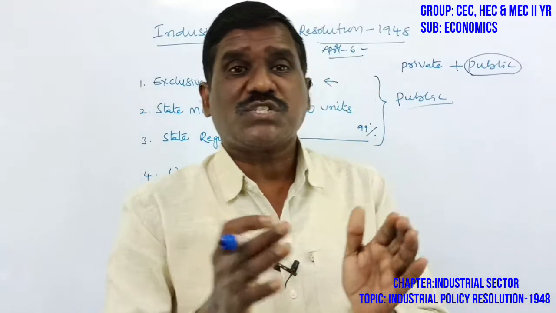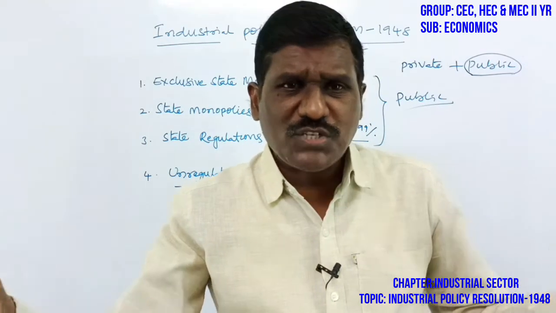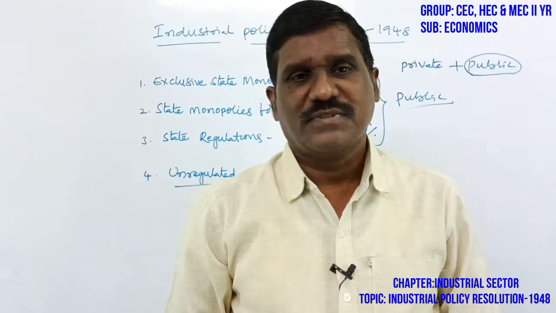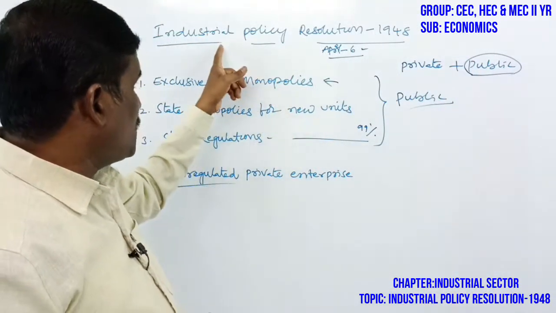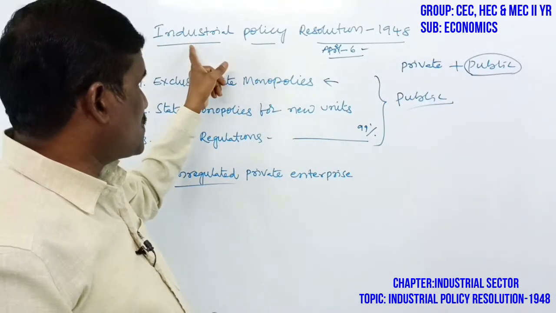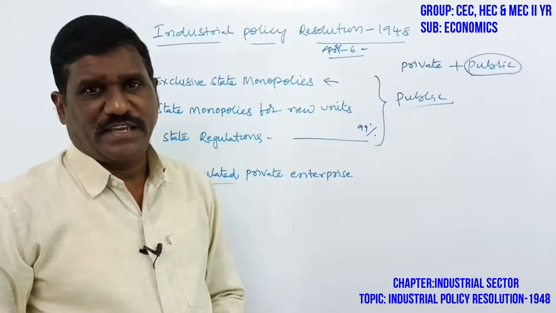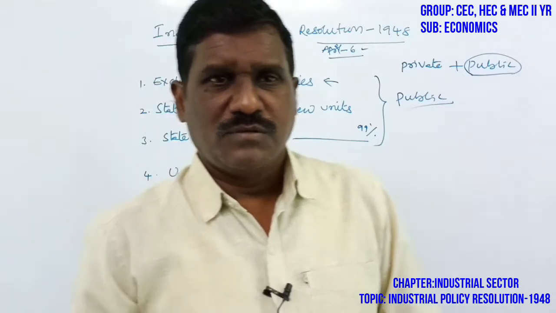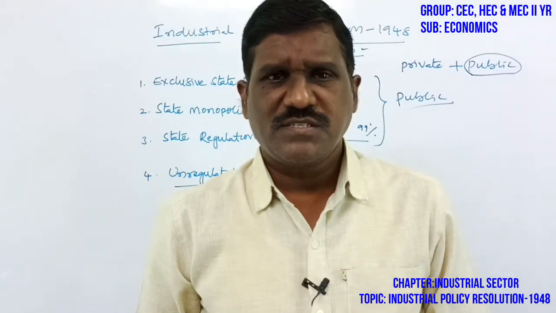The main aim is the establishment of a number of industries to increase the industrial growth rate. So this is the first one introduced by the government of India, the Industrial Policy Resolution 1948. Okay students, thank you.